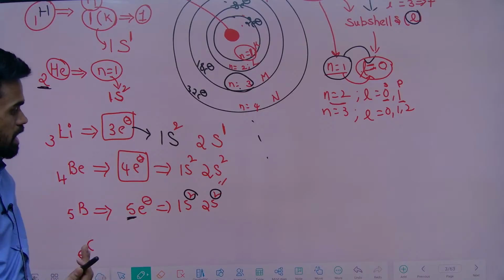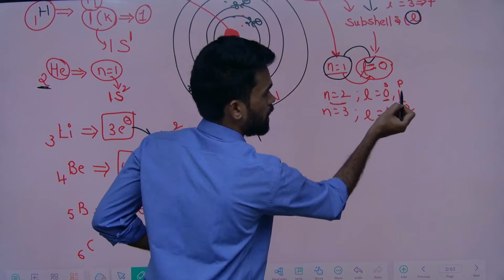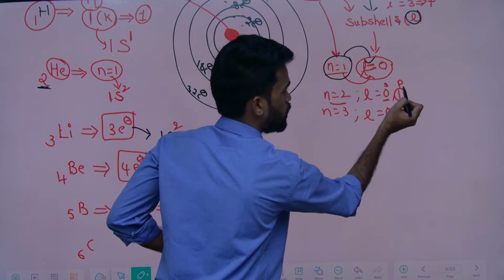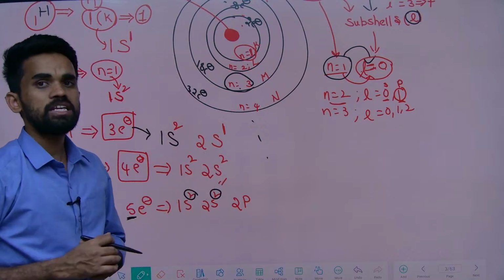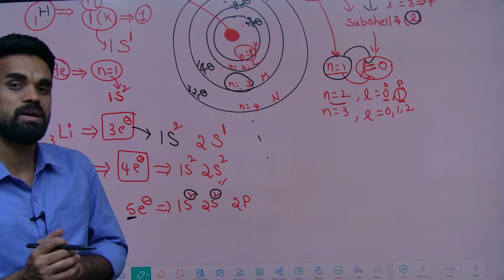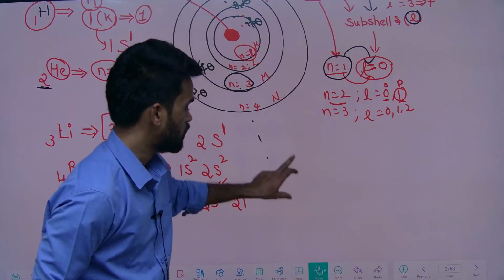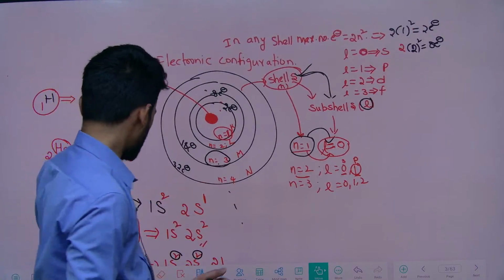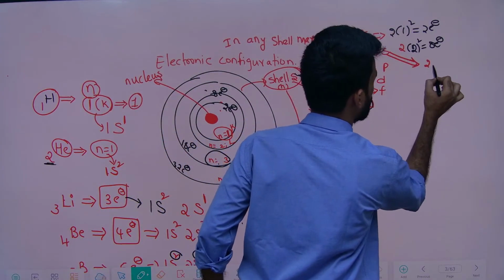And the next electron, where does it go? See, L equals 0 means s, L equals 1 means p. So p is there now, so you can take 2p. In each s subshell we can fill 2 electrons.